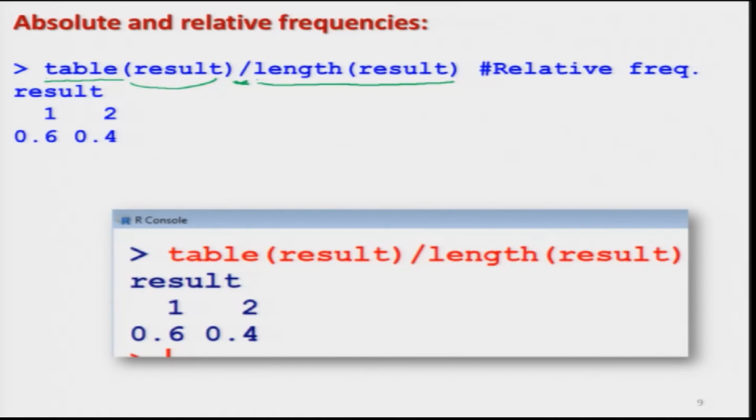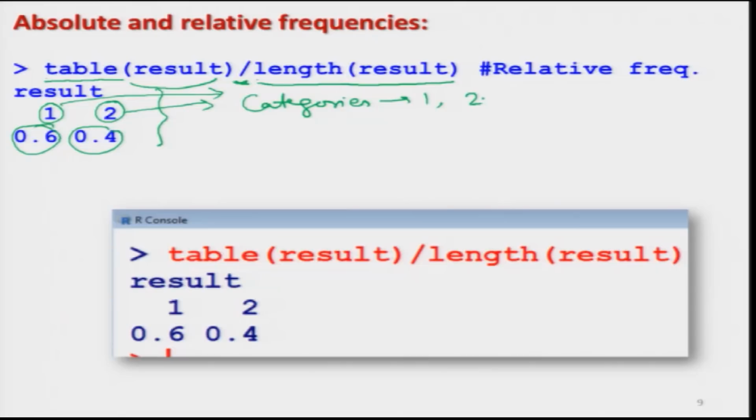Once you do it, you will get an outcome like this. What is this showing you? You can see there are 4 values: 1, 2, 0.6 and 0.4. This 1 and 2, as earlier, show the categories, category 1 and category 2. And 0.6 is actually 6 divided by 10.